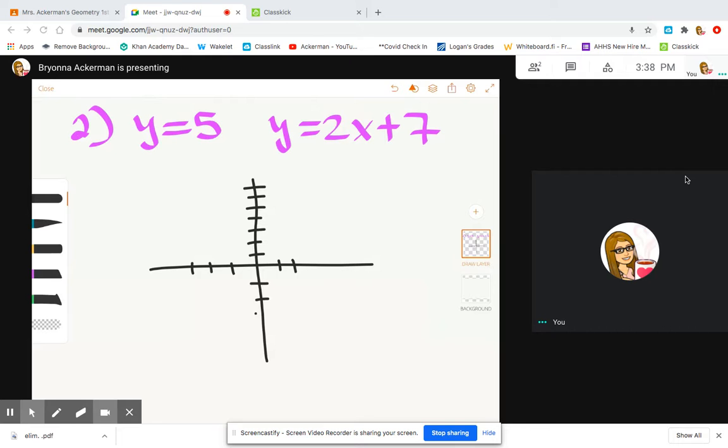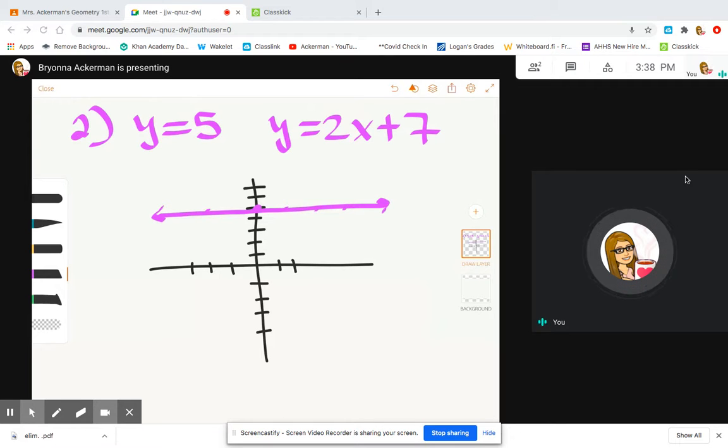And so the very first equation is y equals 5. So when y is 5, 1, 2, 3, 4, 5, y is 5, it's anywhere here, here, here, here, here. Y is 5 in all those places. So y equals 5 gives us this horizontal line.